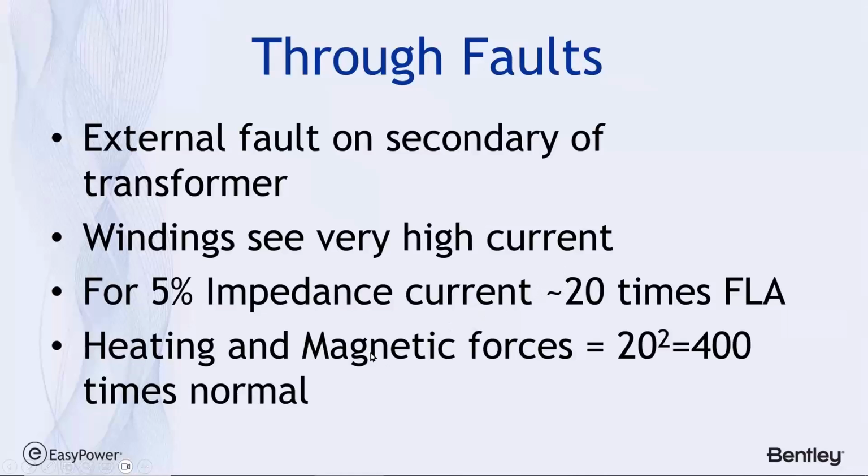And that high level of current creates heating and magnetic forces that are a squared function, so they could be 400 times in the secondary versus the primary. And these are levels that the transformer needs to deal with in normal operation.